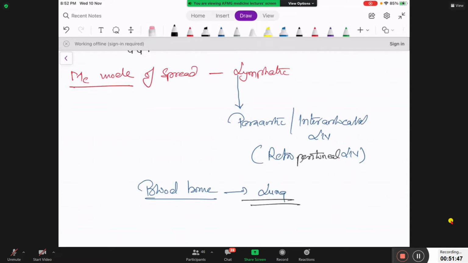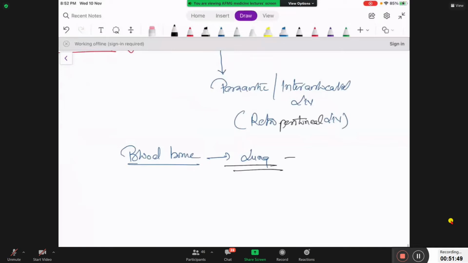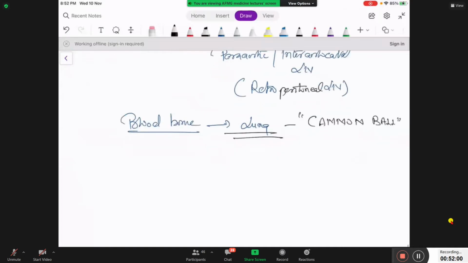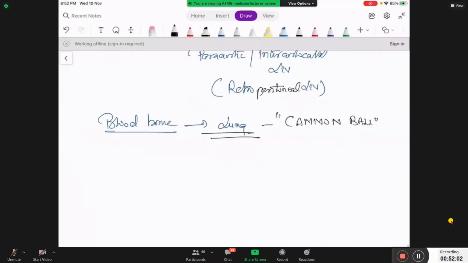And in lung, here also there will be a cannonball metastasis.